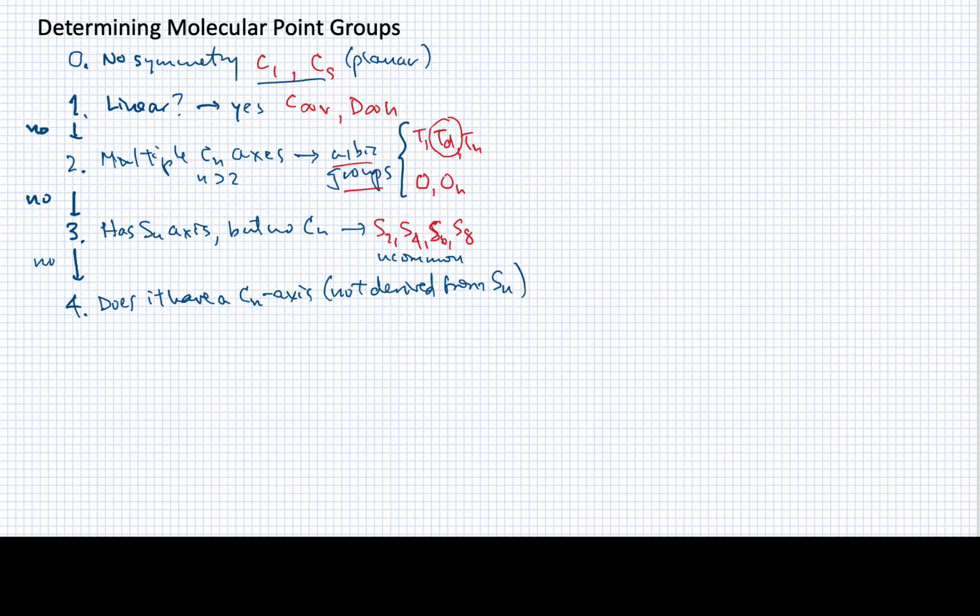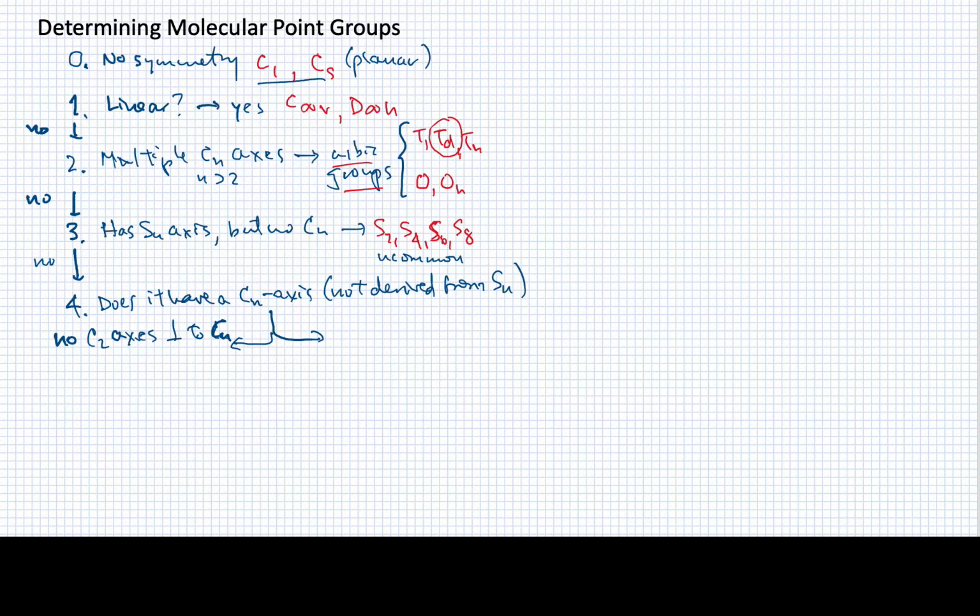All right, if it is derived from Sn, then it's probably going to be one of the S group point groups. All right, now there's going to be two possibilities here that we need to consider. Okay, so I'm going to draw a little split here. And one of these possibilities is that it has no C2 axes perpendicular to Cn.